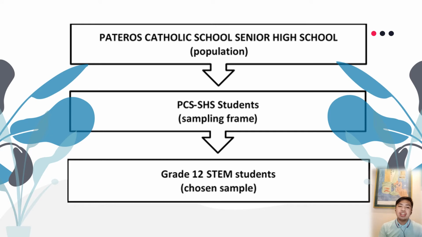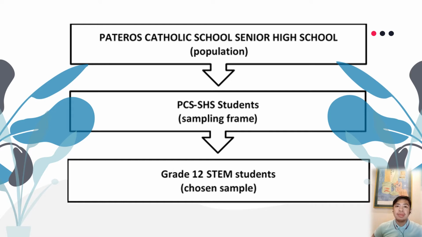So I have here an example. For example, our population would be Pateros Catholic School Senior High School. That will be our population where we will get the sample. Now the sampling frame would also be possible to say PCS senior high school students. So that's the sampling frame within the population.